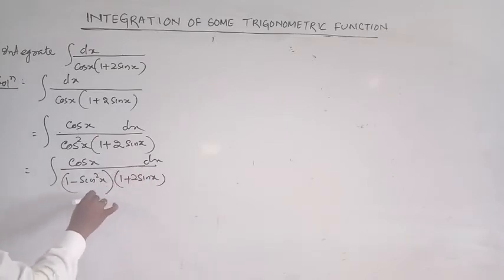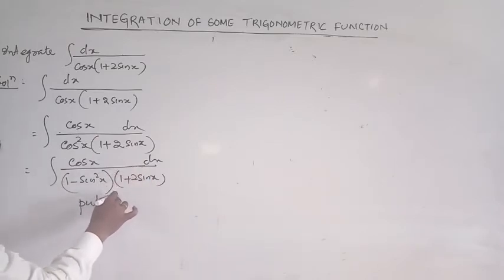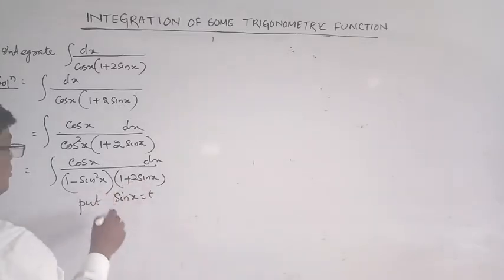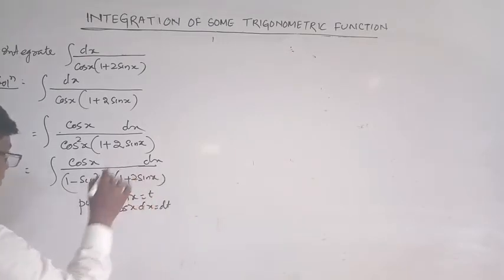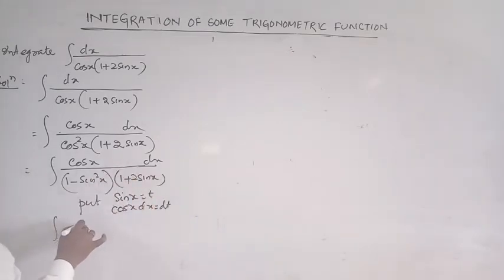Now put sin x is equal to t. So cos x dx is equal to dt. So dt, that is 1 by 1 minus t square into 1 plus 2t.